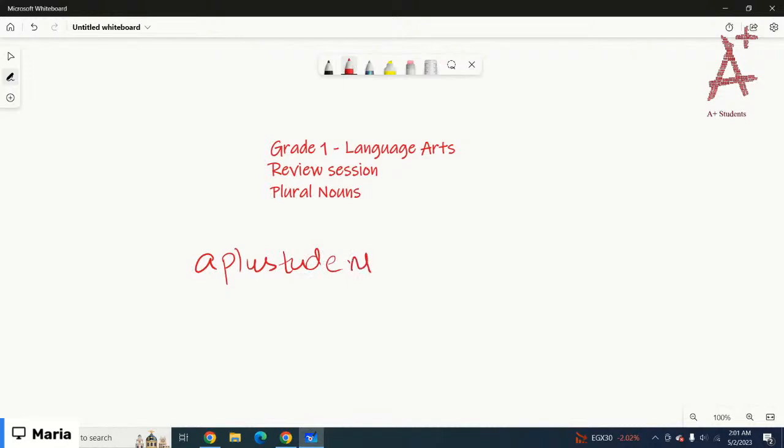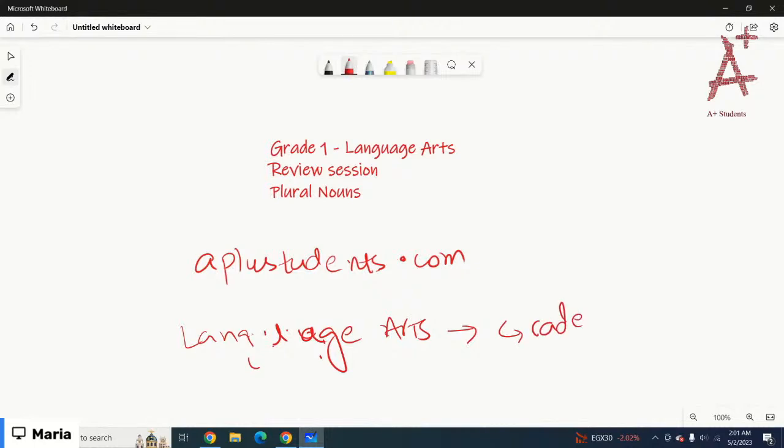You have to log in there using your email address and the password provided by the administrator. Then select language arts from the subject tab, scroll down to grade 1, and click on view all lessons. There you can find a list of the chapters.